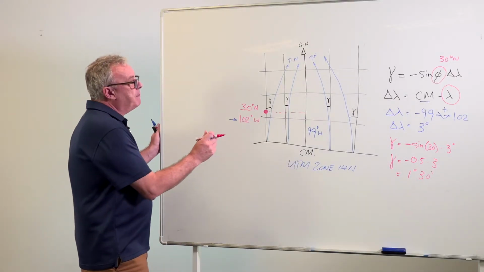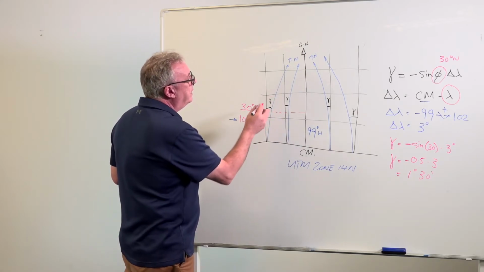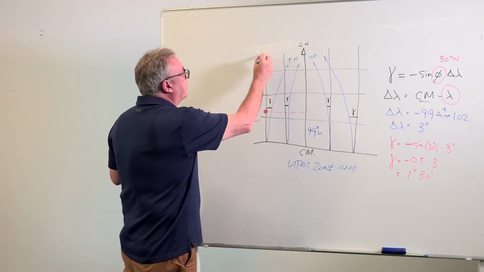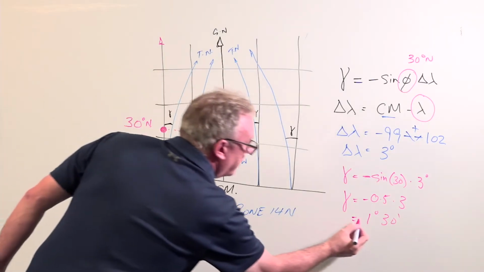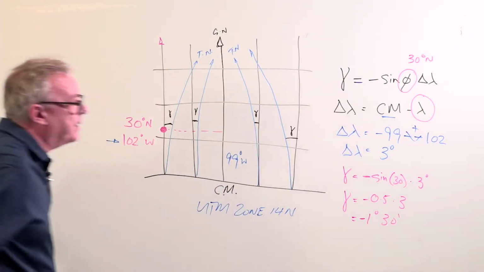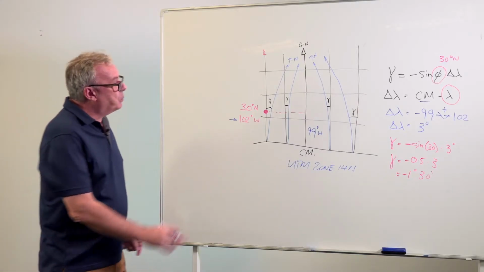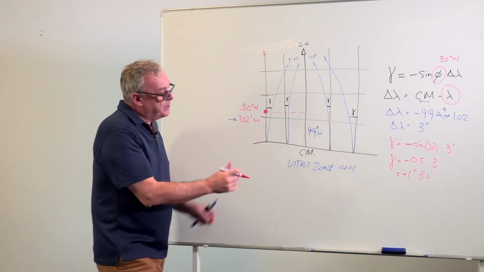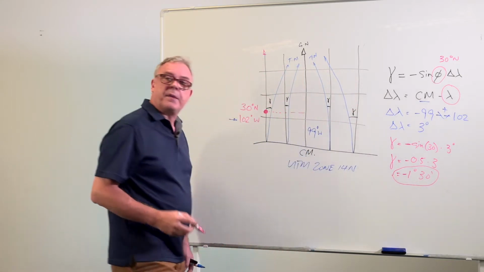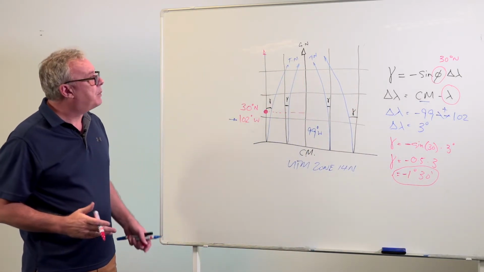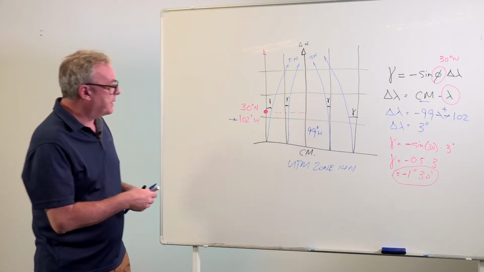That basically means that this angle here between true north and grid north will be 1 degree and 30 minutes. Whoops, and we need to put the negative sign in front of there, which we'll then come on to. Let's just keep that number in our heads for now, and we'll see how it is used within the worked example we will give in a few minutes.